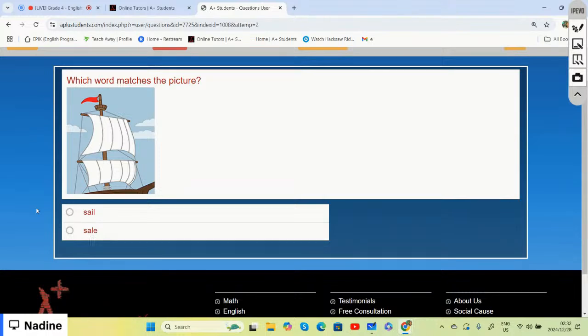So which word is correct? Is it option one that matches the picture or option two?